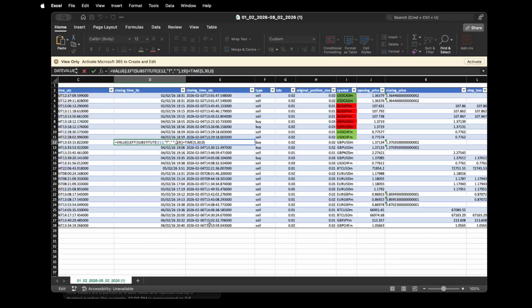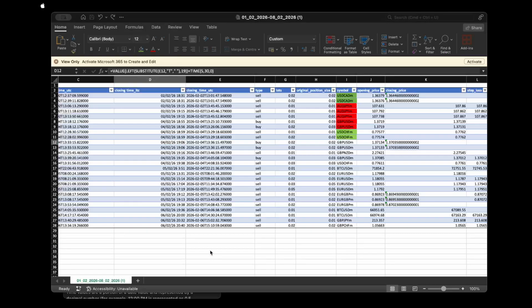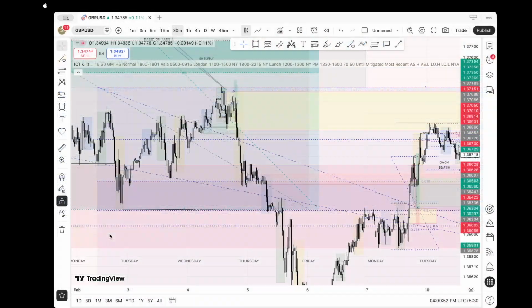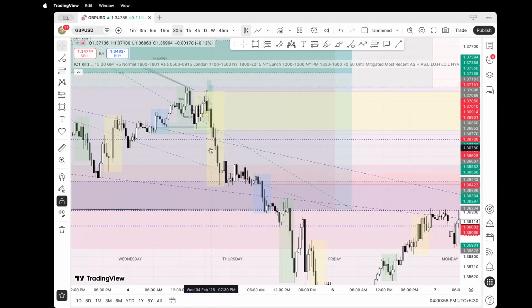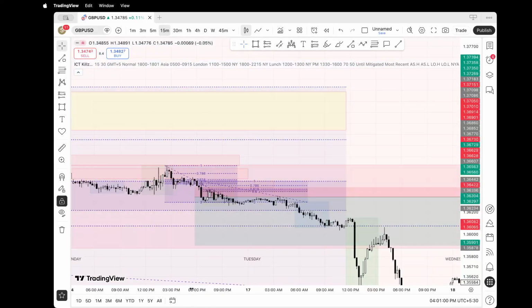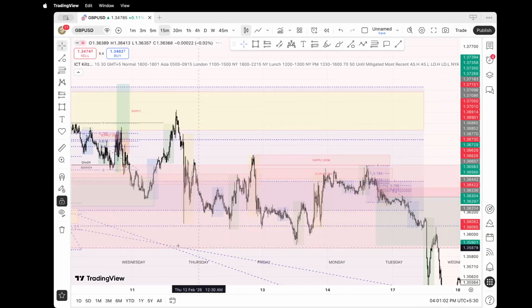Yep. I can see two trades being punched here.